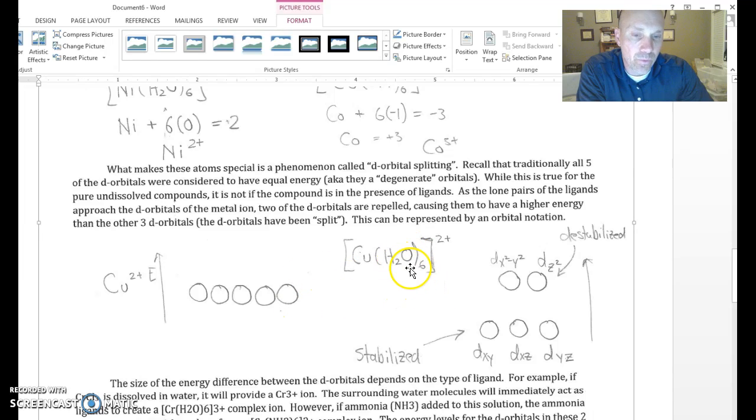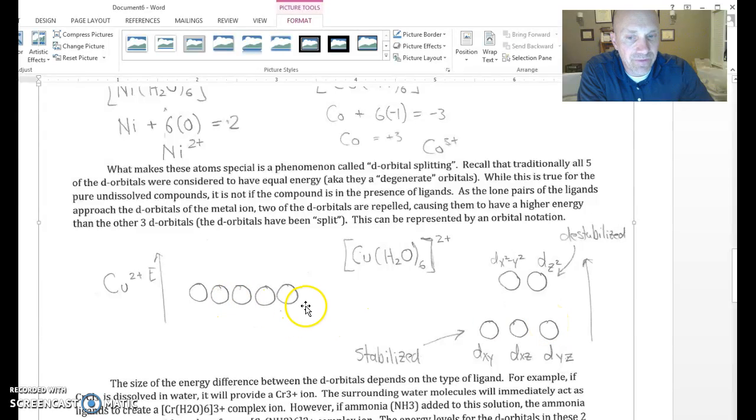For example, when water coordinates with that same ion to make this complex ion, those two orbitals I just referred to are going to have a slightly higher energy than the other three orbitals. That's what's referred to as d-orbital splitting.